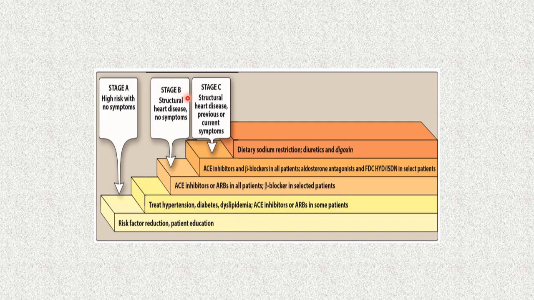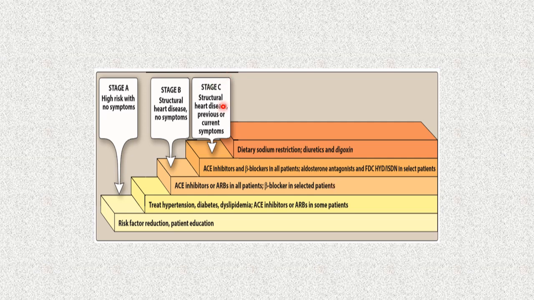Then stage B would be the patient is having structural heart disease, but he is asymptomatic. Like a patient comes to you, you just advise echocardiography. He's having no symptom, and it was an accidental finding that ejection fraction is reduced, but he is asymptomatic. In that case, we will give ACE inhibitors or ARBs, and beta blockers could also be given. As we discussed earlier, these are the drugs which will reduce the mortality and morbidity in chronic heart failure.